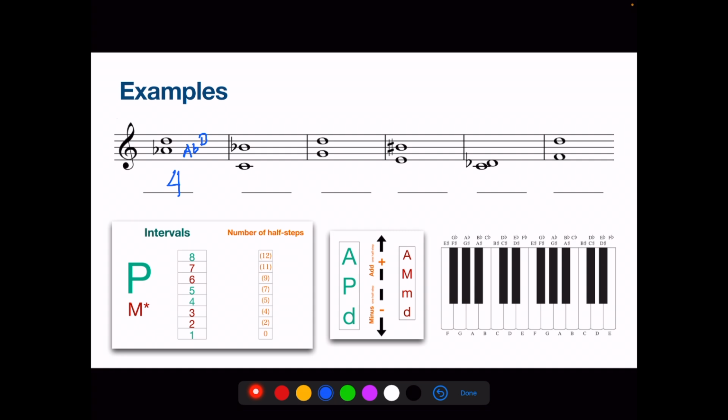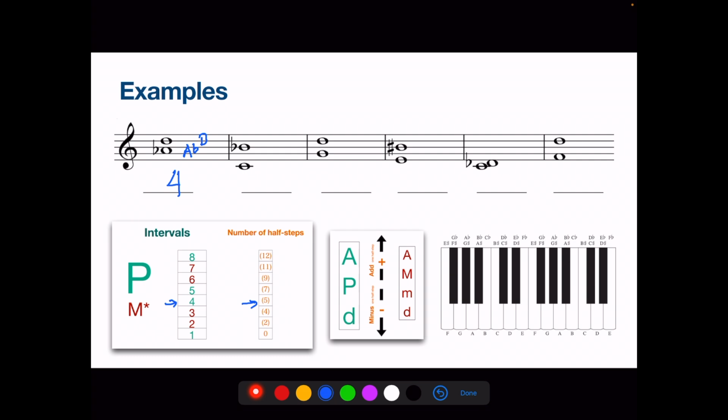Okay, and the next step here is, now that we know that we're looking at a fourth, well, you see the color coding? That's going to be a perfect fourth, something that comes out of a perfect interval. So a perfect fourth has what? 5 half steps. Well, okay, now the first thing I think we can do is to actually plot these notes on the piano.